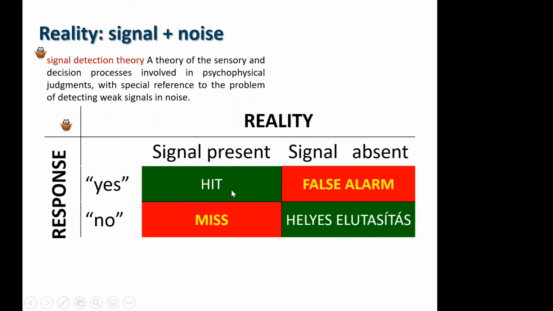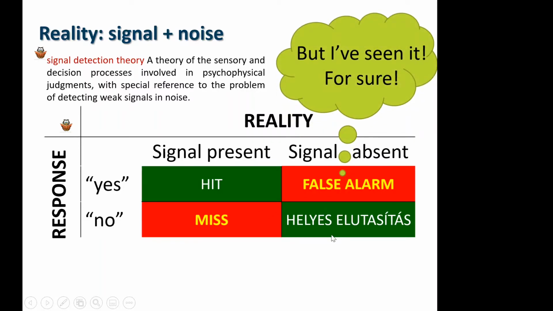So let's see these 4 possibilities. If the signal is present and you say yes, you hit. Good. If the signal is absent and you say no, you're good. But there are the 2 other versions. Miss is pretty obvious, you missed it. But sometimes you just say, oh, but I've seen it, believe me, for sure.